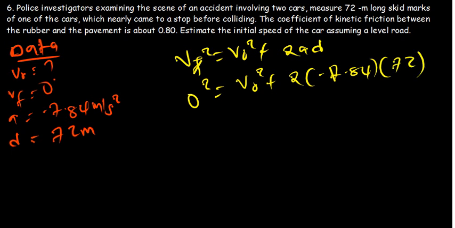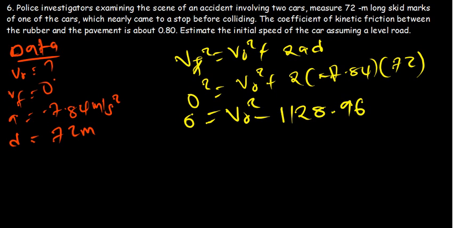Okay, so if we do that, we are supposed to get negative there, because of that negative inside. Okay, let me redo it again. I feel like I made a mistake, but 2 times negative 7.84 times 72. Okay, I'm getting 1128.96.